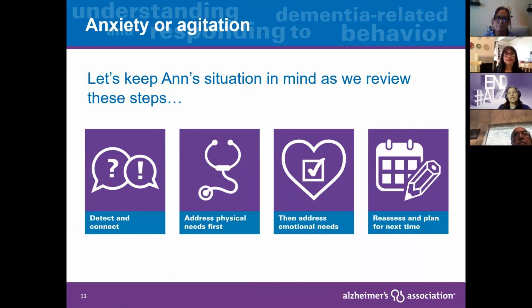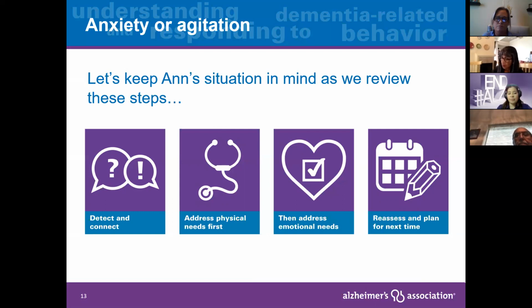Is it only happening when we go to someone's house? Is it only happening when I leave the house in the mornings? Is it happening during lunchtime? That is detect and connect. So when is this problem happening? What are the circumstances surrounding it? The second one would be, are they hurt? Is something wrong with their health?